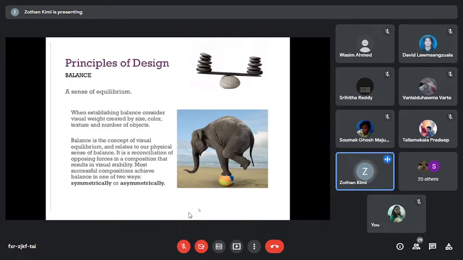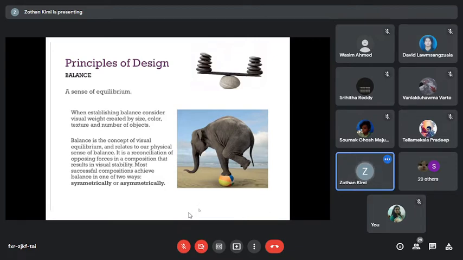Because here it says, when establishing balance, consider visual weight. Visual, you all know what that is. Visual is the looks of it. It could be in terms of the size, the color, the texture or the number of objects. The darker color, psychologically, tends to look heavier, tends to feel heavier when we look at it.